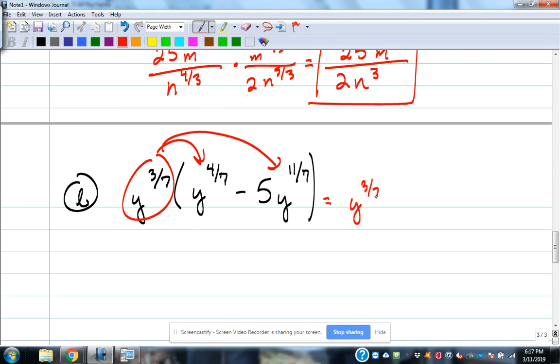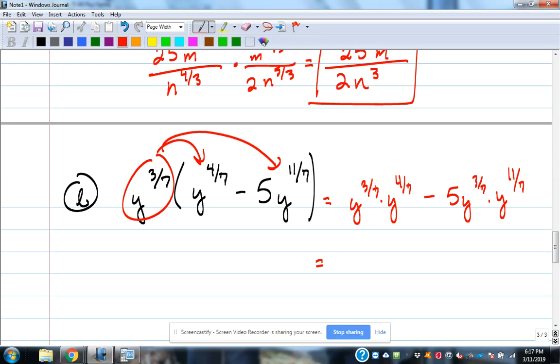Y to the 3/7 times y to the 4/7 minus 5 y to the 3/7 times y to the 11/7. Okay. And the rule is the bases are the same on the y's, right? So what do we do with those exponents? Add them up.